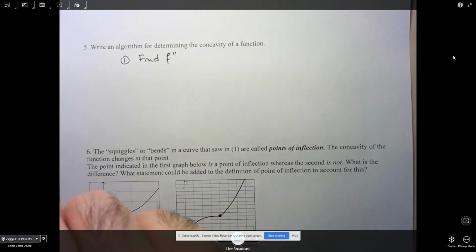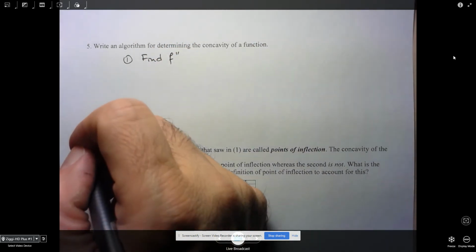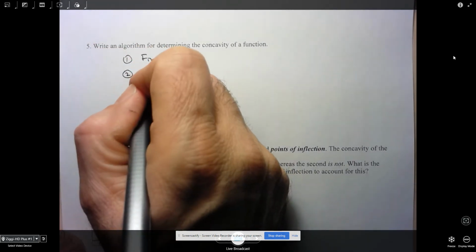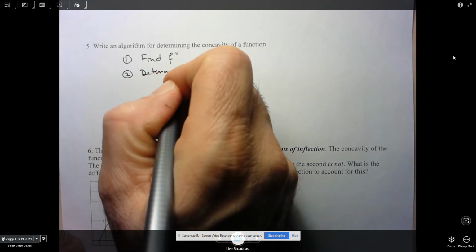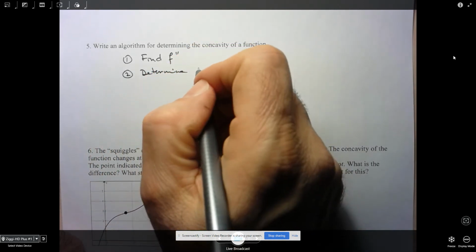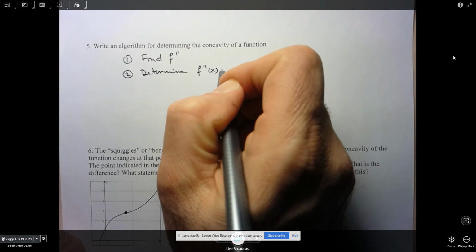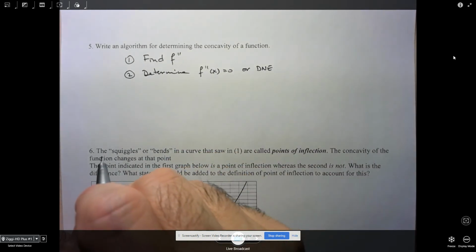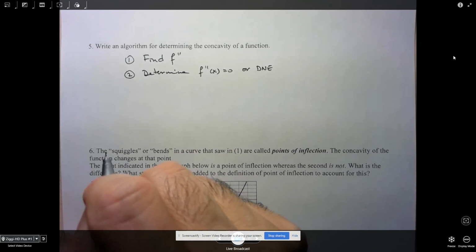So step number 1 is to find the second derivative. Step number 2 is determine where the derivative is equal to 0 or does not exist, because that's where we know the sign can change for any function.